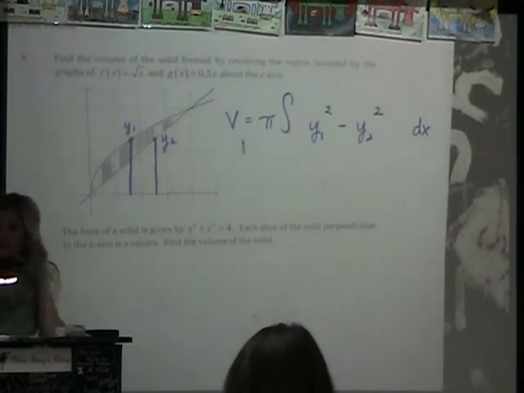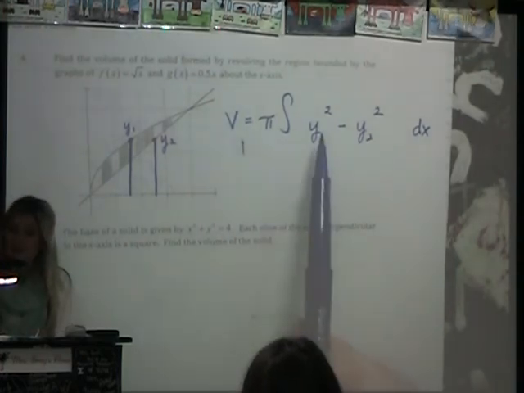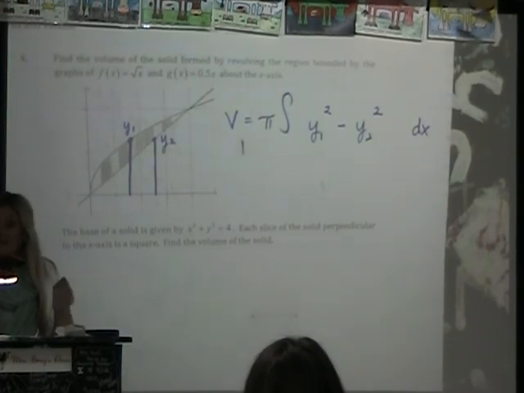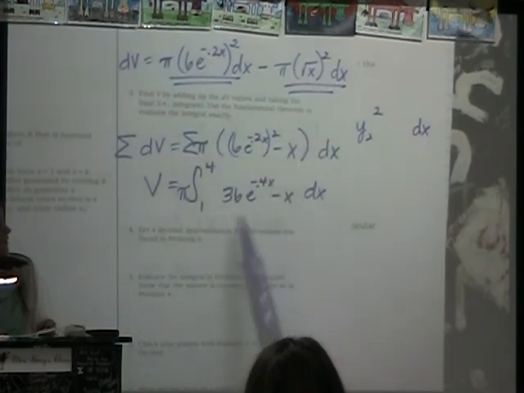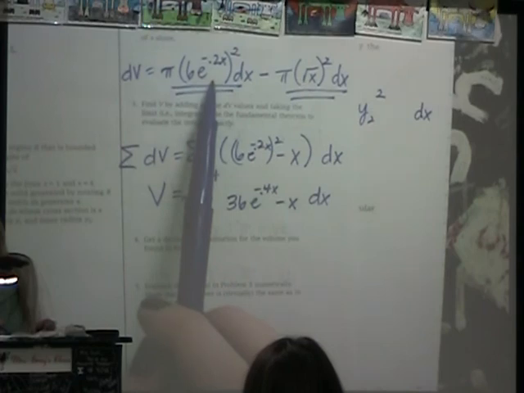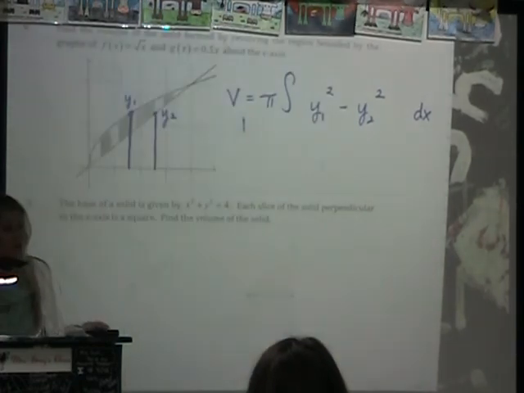In 3 we just have one radius, but we had to subtract the 1. That's why it was only squared once. But in this case we've got to take the entire radius squared minus the radius of the hole squared. Just like we did back here in our notes when we were developing the formula. Notice how we squared the radius of the first minus squaring the radius of the second. So you have to square the radii individually.